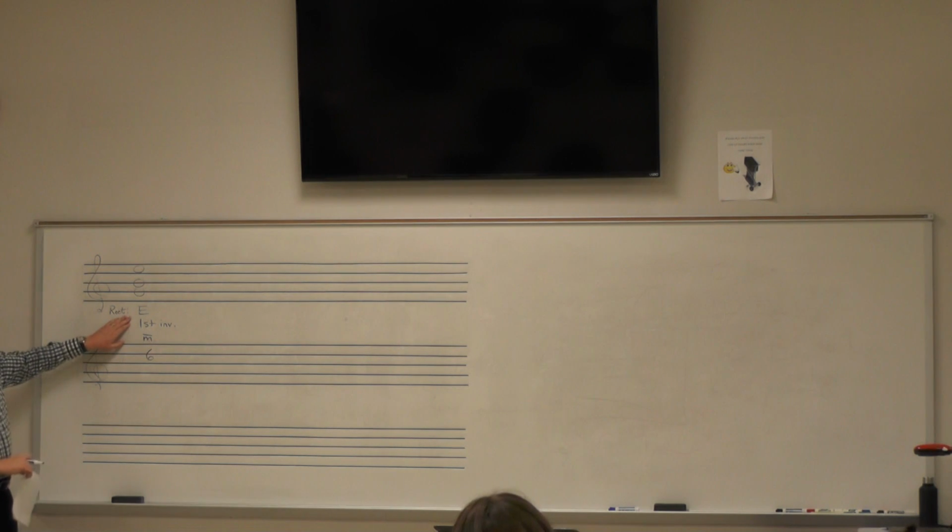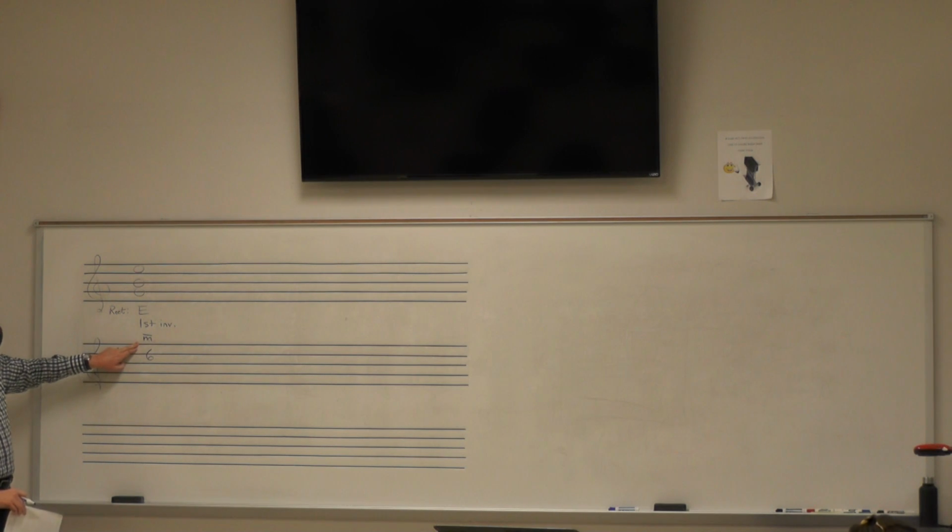So it looks like some of the things on the homework, I'm going to be giving you a triad, and I'm going to ask you to tell me 4 pieces of information about that chord. The root, what type of triad it is, major, minor, augmented, or diminished, what the bass position is, root position, first inversion, second inversion, and then what the bass position symbol is for that bass position.